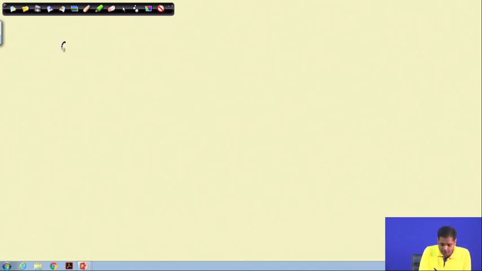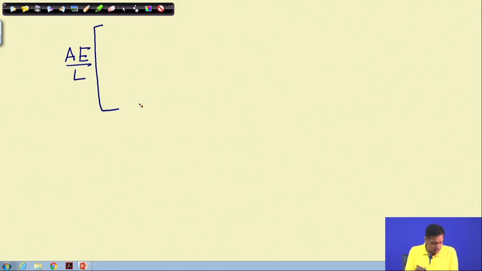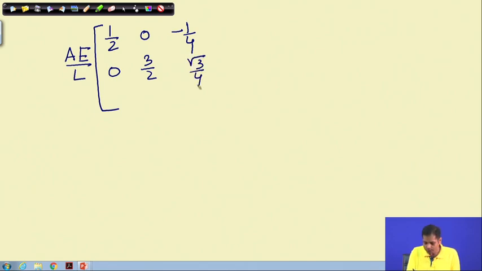The matrix will be AE by L, if we take that matrix, this is half, you can check it, minus 1 by 4, 0, 3 by 2 and then root 3 by 4.